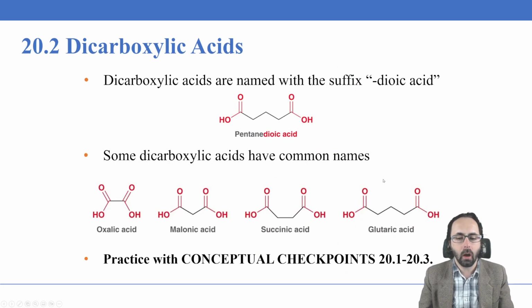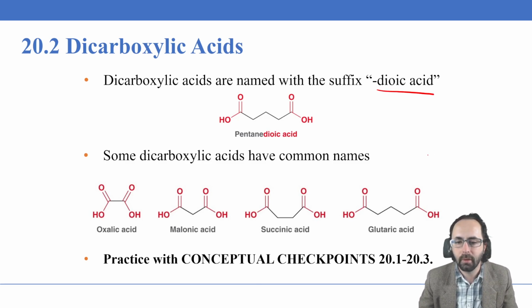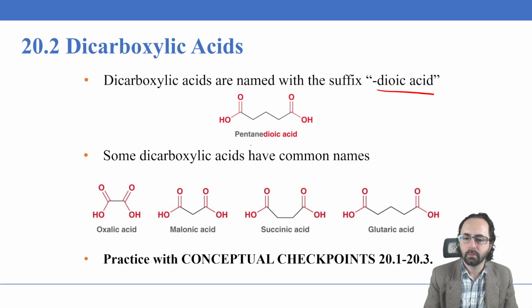There are also very commonly in nature dicarboxylic acids, which have names that end with dioic acid. And so to name these, what you will do is you are going to say dioic acid here, and you're going to have a prefix that is the entire compound here.